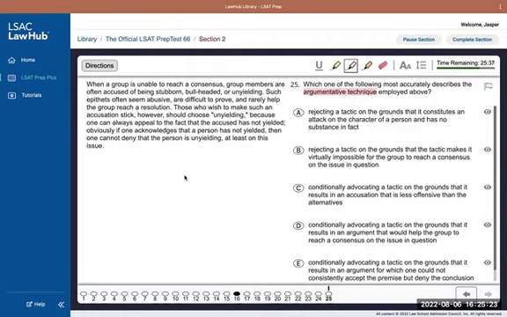Obviously, if one acknowledges that a person has not yielded, then one cannot deny that that person is unyielding, at least on this issue. Okay, so overall they're saying we probably shouldn't go accusing people of being stubborn, bullheaded, or unyielding. They give a lot of reasons why we shouldn't do that.